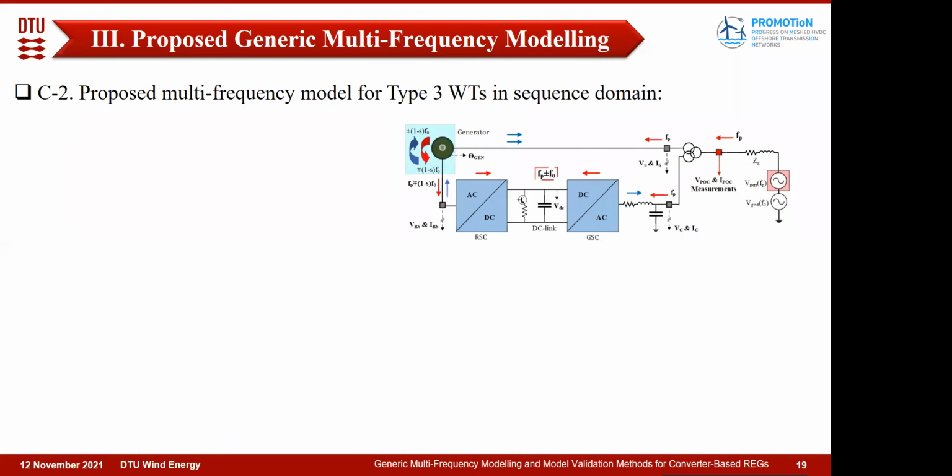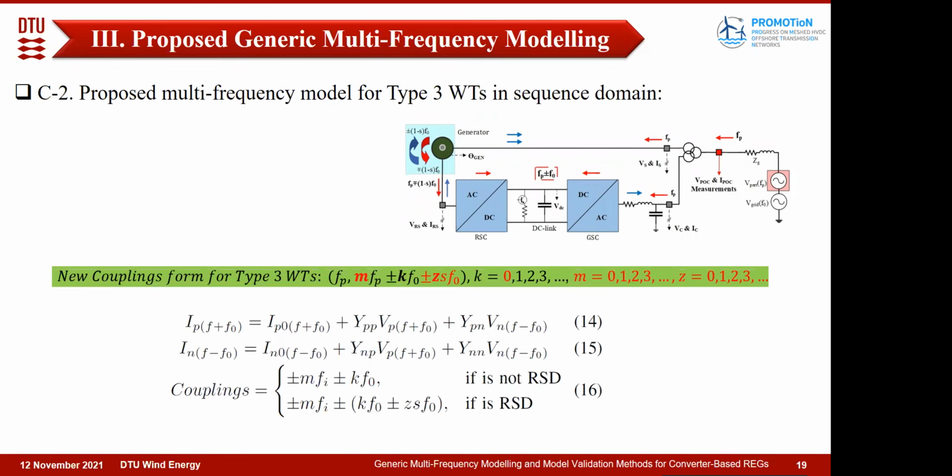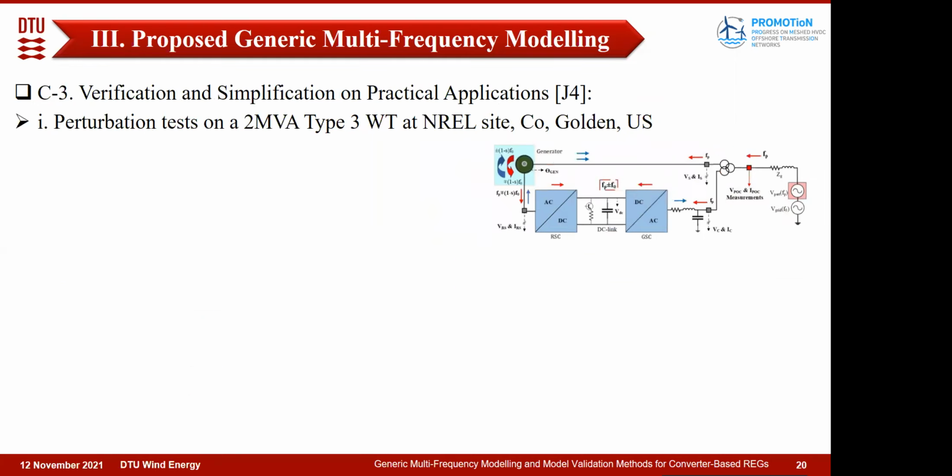So to do this, we have experimental tests. The final version of the model is like this. We have the generalized form for the couplings, and we can use similar matrices, but we should add the couplings that are dependent on the rotor speed.